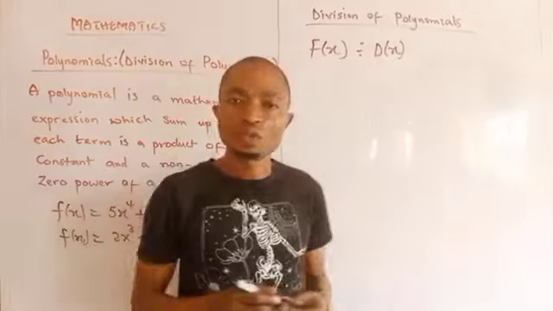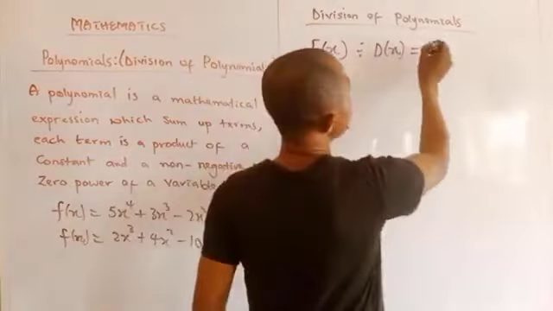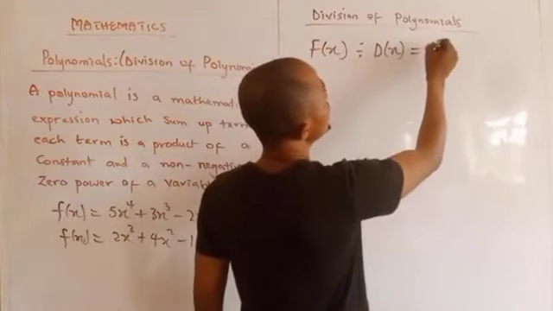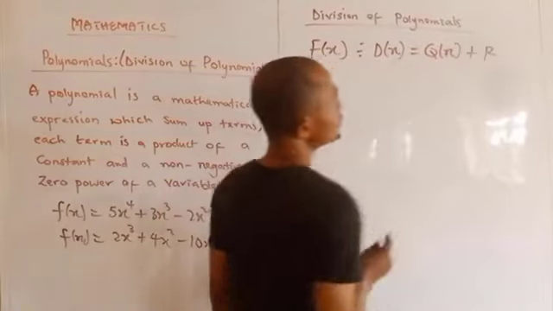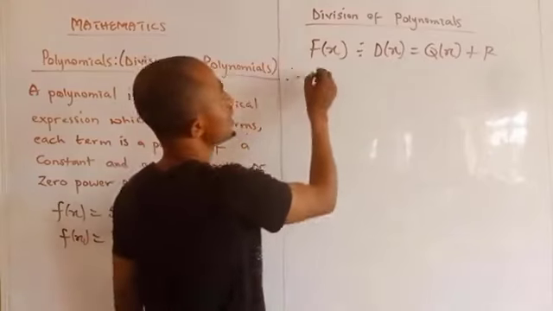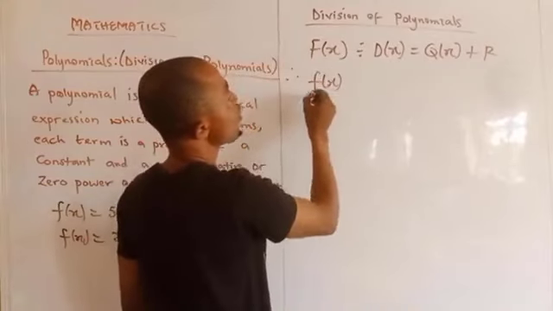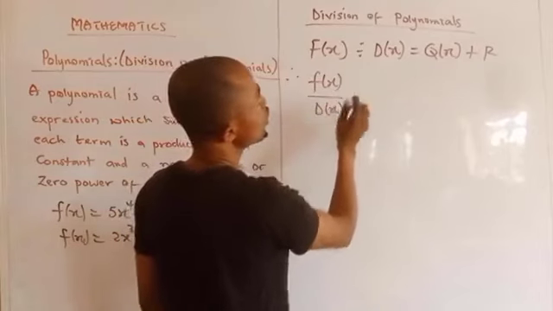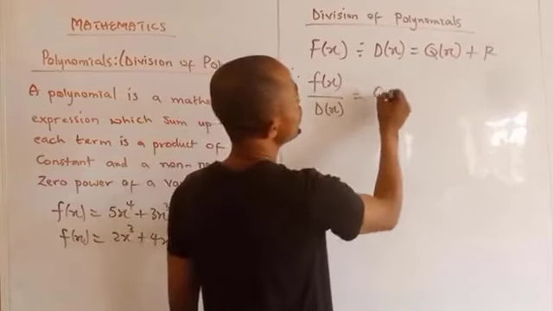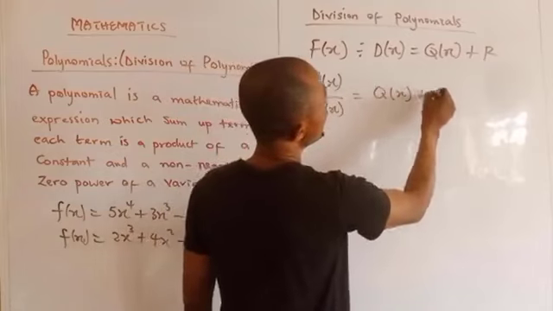The result that we are going to get will be equal to q of x, let's say plus r. That is, f of x over d of x will be equal to q of x plus r.